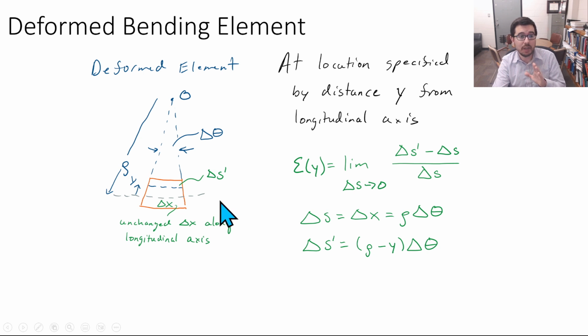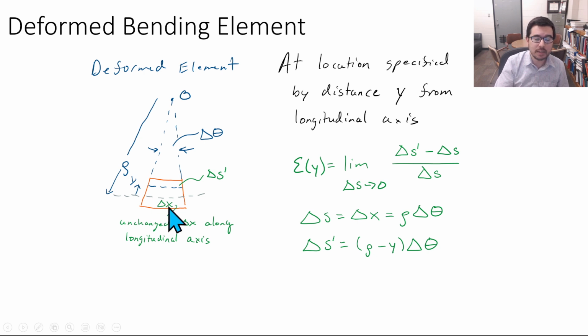So let's explore this a little bit further. We want to define not just the change in length, delta s prime, but we're going to think about the strain. What is strain? Strain is a change in length over initial length. So we said previously we had a delta x that's unchanged. So that's a pretty good initial length.